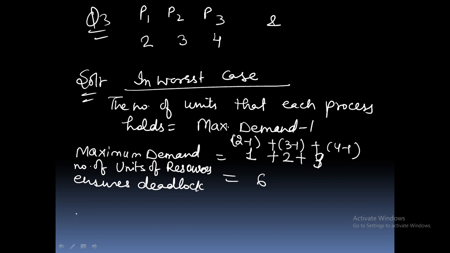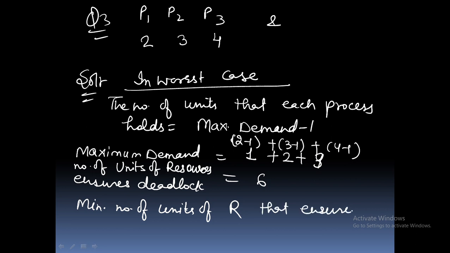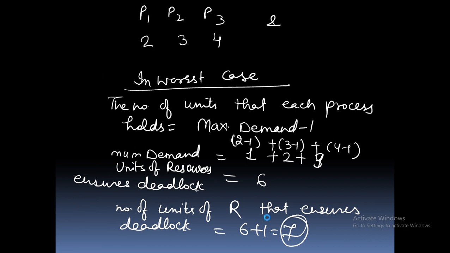And the minimum number of units of resource that ensures no deadlock is 6 plus 1, 7. That is your answer.